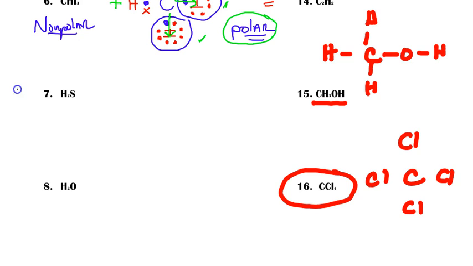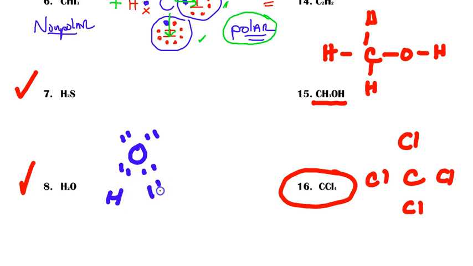Now these guys are unfair to look at this way because you have to know that water looks like this. 2 pairs of electrons here and the H's are here. You have to know the structure. But if I drew the structure, you can see that this is not the same all the way around. Water is going to have an electron-rich area where the oxygen pulls in the electrons.